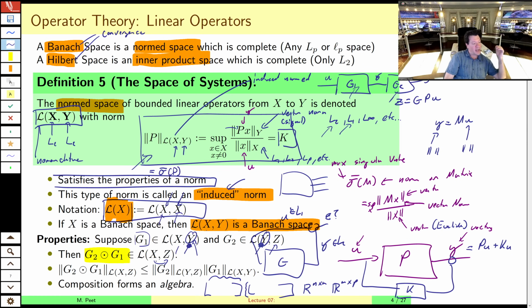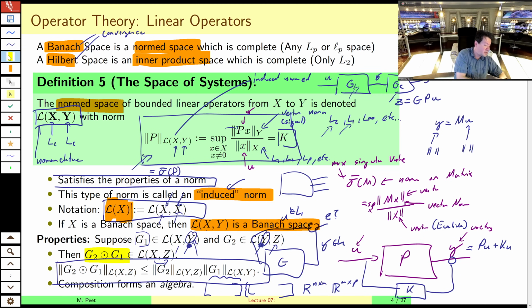Now, for this to actually be what's called an algebra, we need this submultiplicative inequality. So we have a normed space, and for this composition to be well-defined, we need the norm of the composed elements to satisfy this submultiplicative inequality.